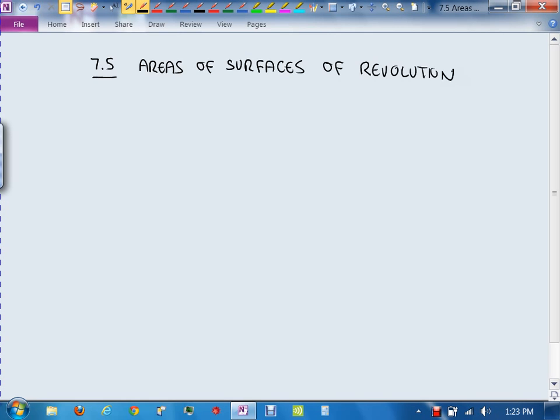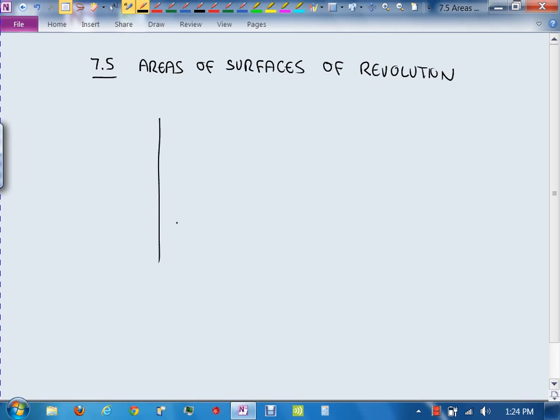So we've already taken curves and we've spun them around the x and y axes to get volumes, right? And then we did arc length. That's where we took the function off the page and we straightened it out and we measured how long it is. Now we want the surface area of a function revolved around an axis.